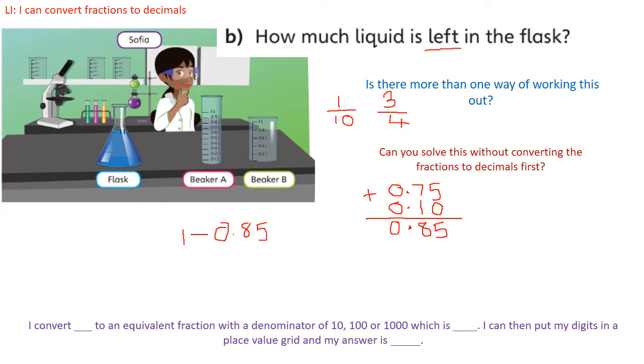Again, what I think I'm going to do is I'm going to change that into a column. Take away 1, biggest number on the top, 0.85.